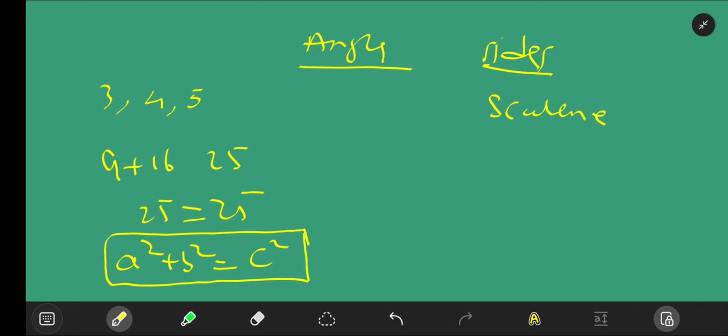This is the condition for a right angle triangle. So with these sides, a right angle scalene triangle will form. You need to identify like this.